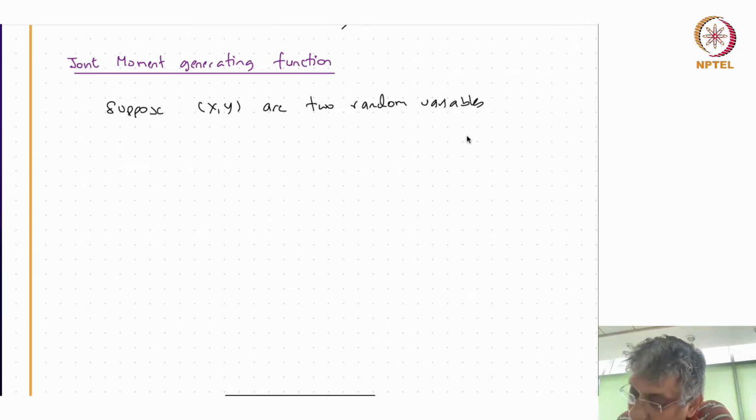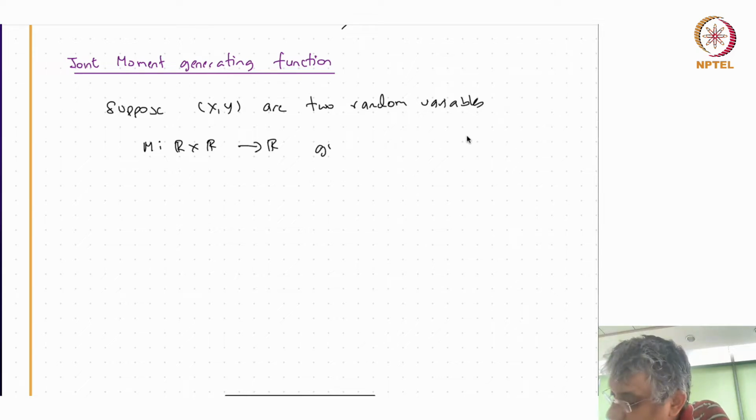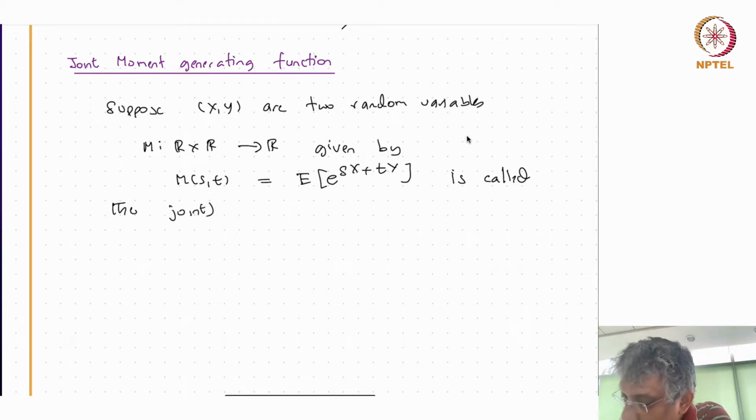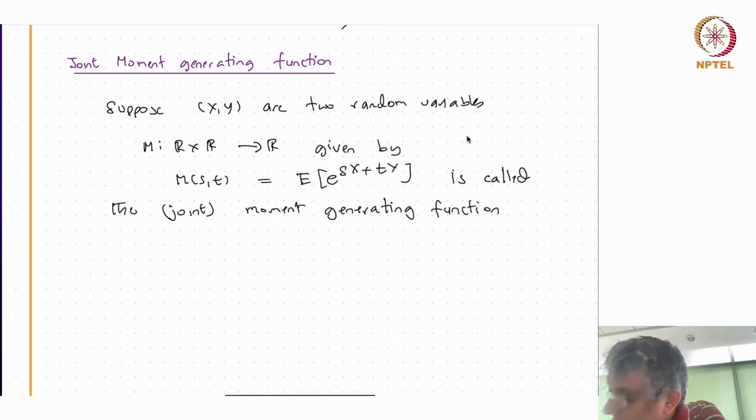Then M from R cross R to the real line, given by M of S comma T equals the expected value of e to the S X plus T Y. This is called the joint moment generating function for X and Y.